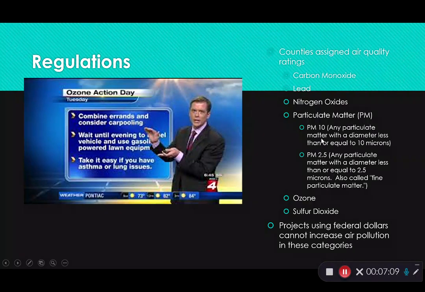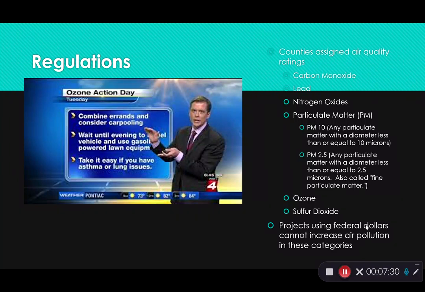And what these air quality ratings allow for is that when the federal government is giving out transportation dollars for projects, those dollars can't be used for any project that will add to air pollution or that will make air pollution worse.